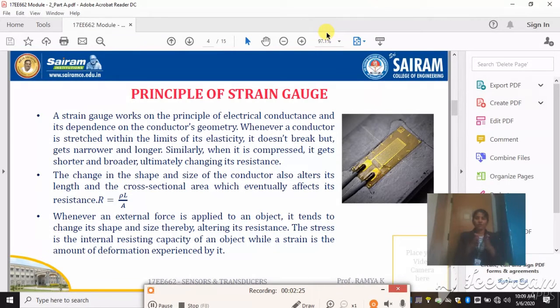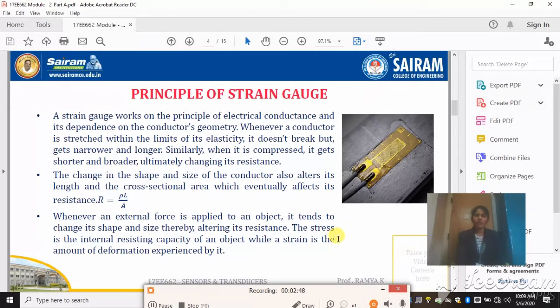So when you compress, it will become short, but the width will get broader. Because of that, your area and length are getting changed. Therefore your resistance will also get changed, proportional to the applied force, either it could be a compressive force or a stretching force.